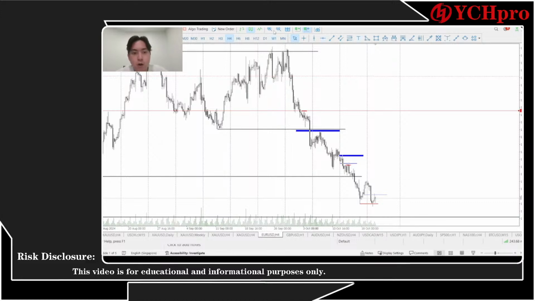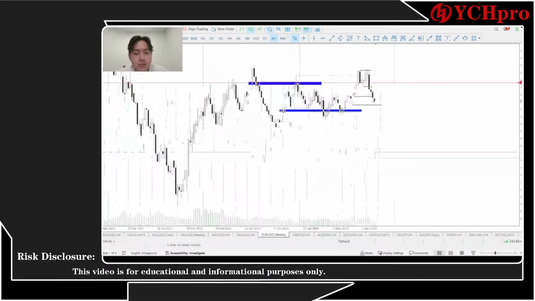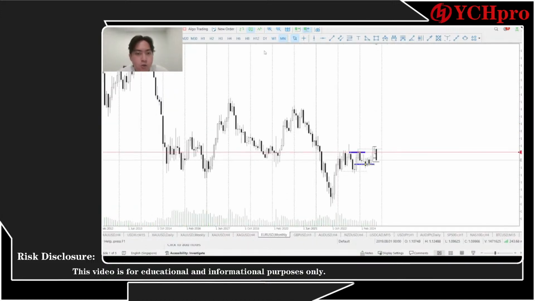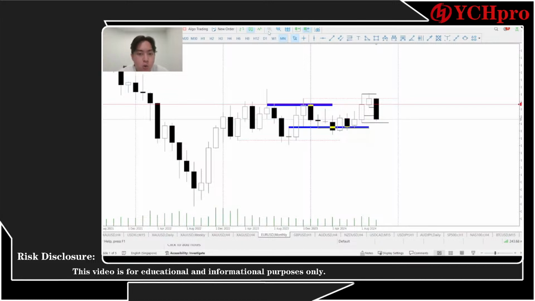What is going on? From the bigger time frame, we can see that the market has been reaching through our high. So we already mentioned we need to know what is going on the bigger time frame, and we need to align with the bigger time frame. So right now we can see that the market is going through.